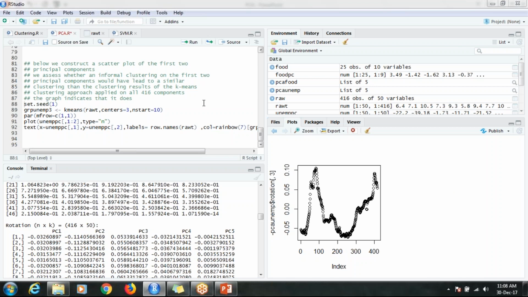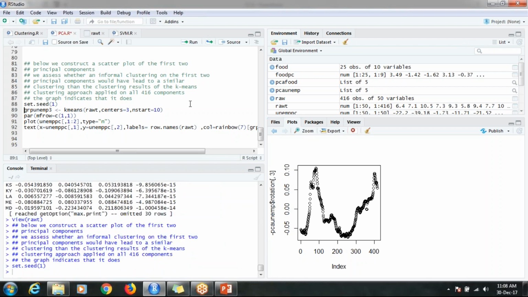So now here we have all the 416 components, and let us see, on the basis of that, if we try to make a clustering and visualize it after applying PCA, how the results look.